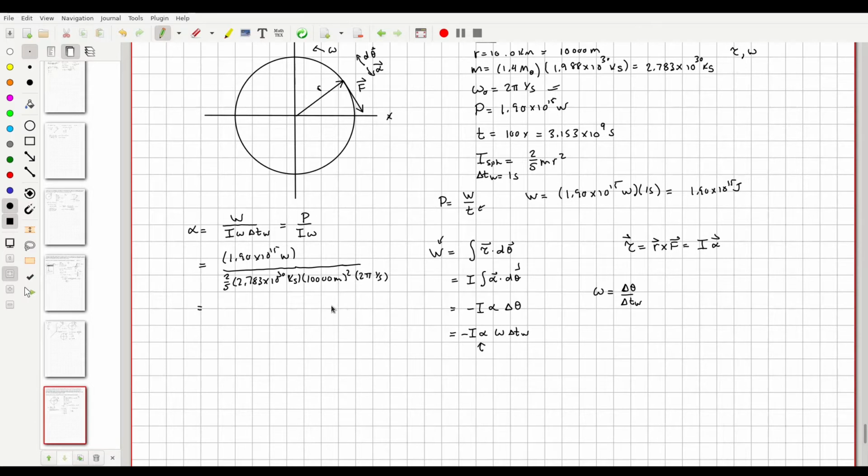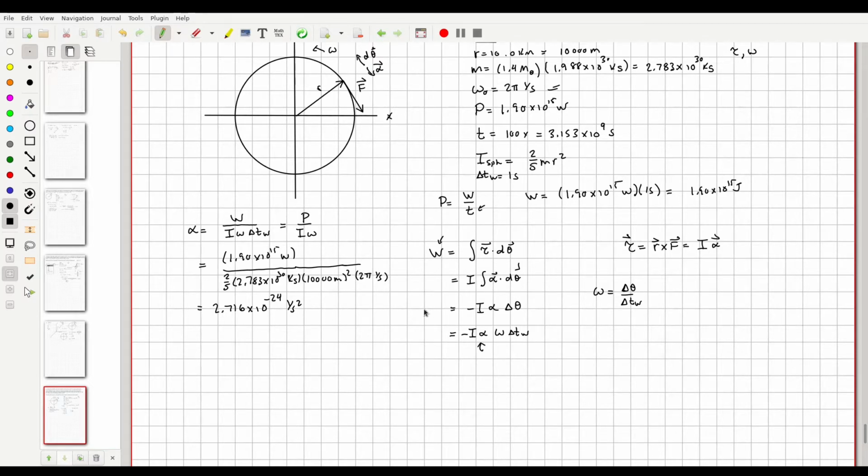I get an angular acceleration that's incredibly small, 2.716 times 10 to the minus 24th radians per second squared. Okay, so this is going to be the change that we would see.